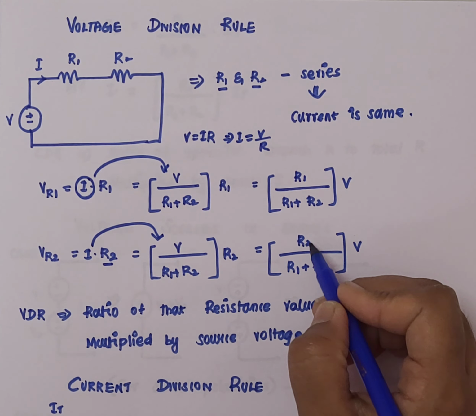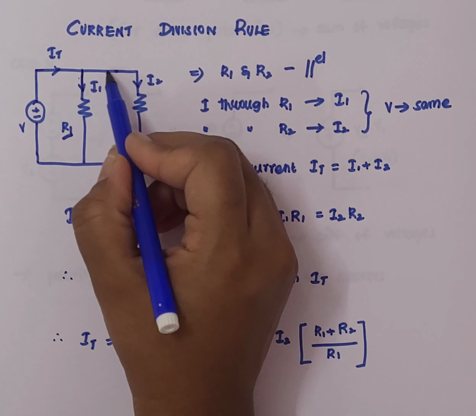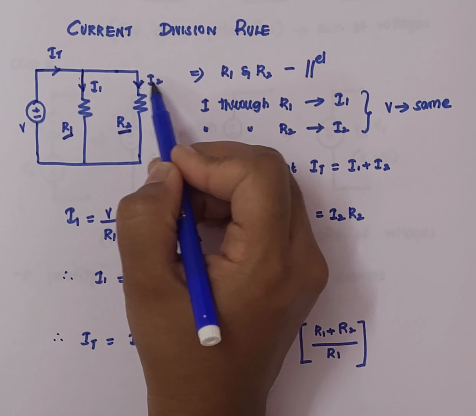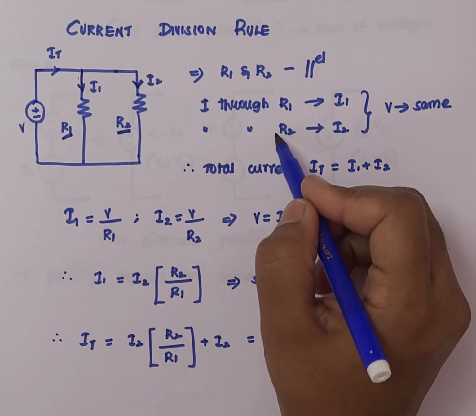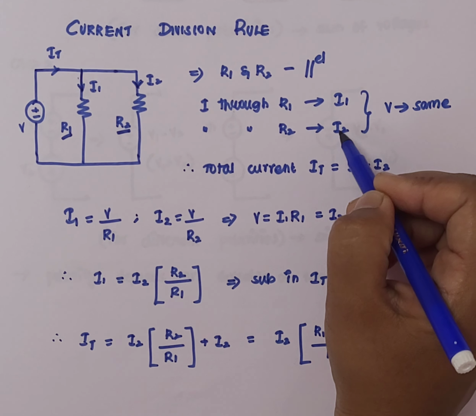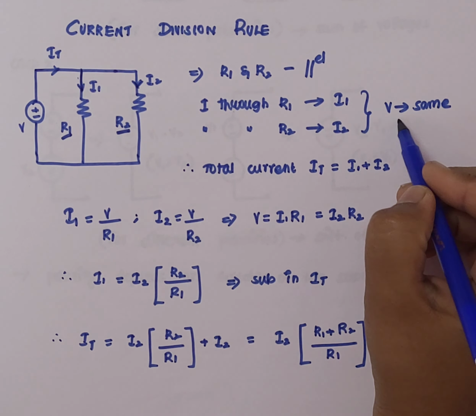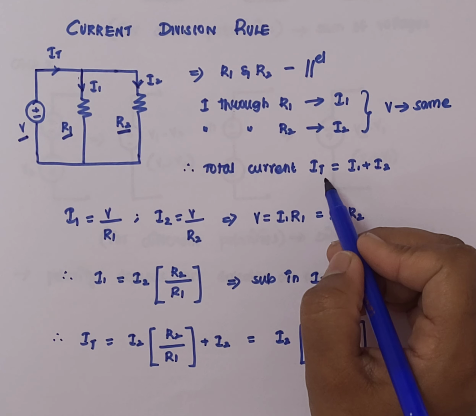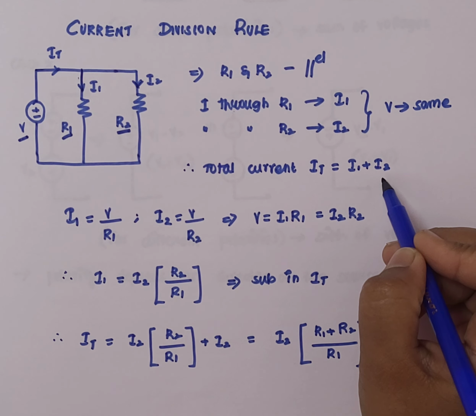If we take this as the total current IT, it will get divided in this branch as I1, and across this branch we will have a current of I2. So there are different currents flowing across these resistances, whereas we will have the same value of voltage, which is V. The total current value will be equivalent to I1 plus I2.